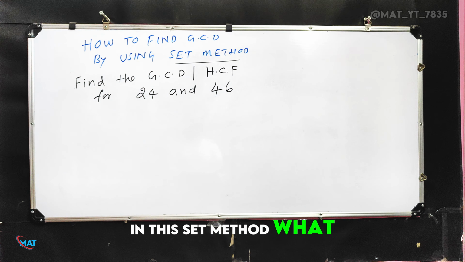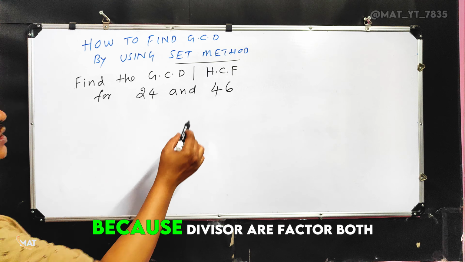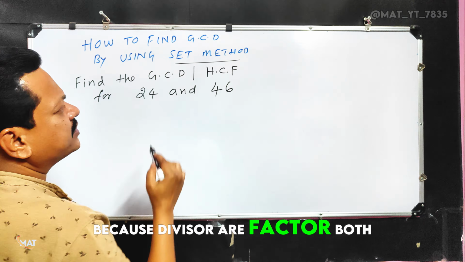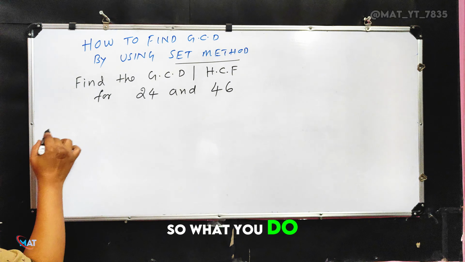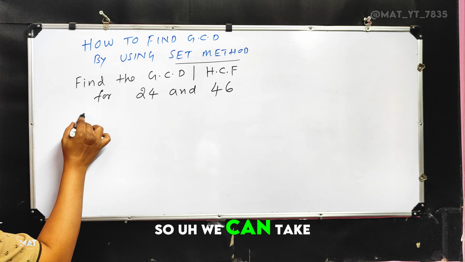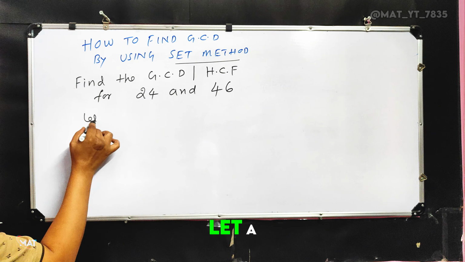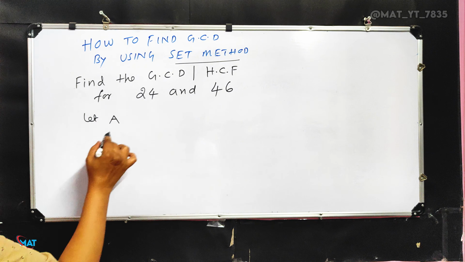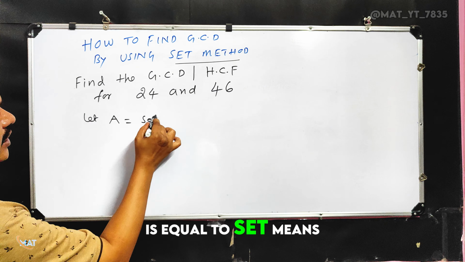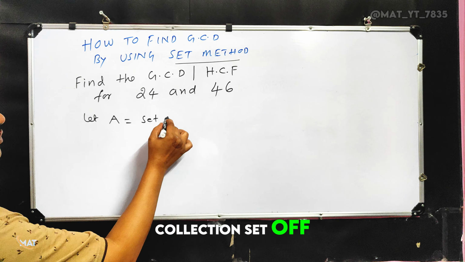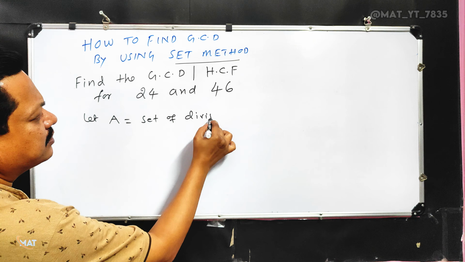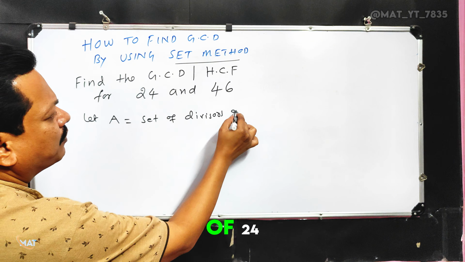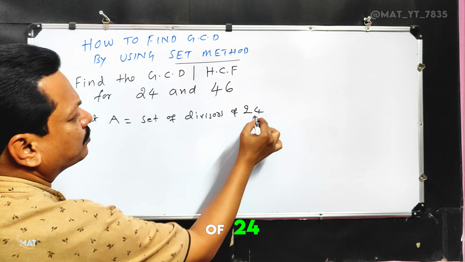In the set method, what we will do, because divisor or factor both mean the same, just the way of writing is different, we can take A is equal to a set, meaning a collection, of divisors of 24.